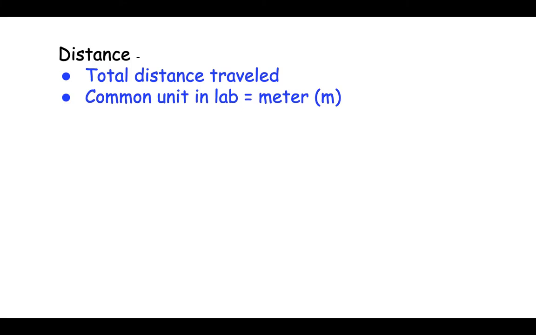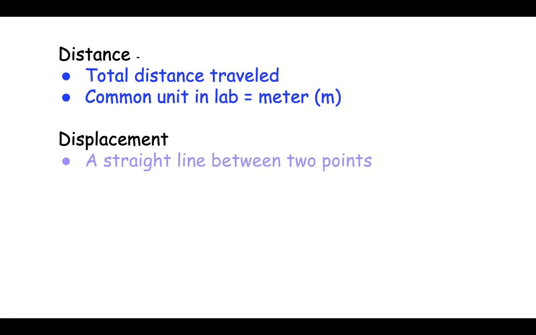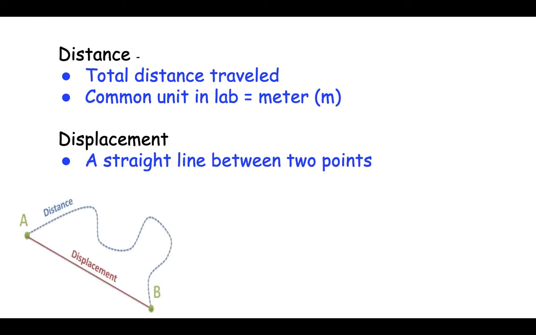Today we're going to learn about a little distinction between what we call distance, which is the total distance that something is going to travel, and we'll be using the meter for our unit of measurement, and displacement, which is really kind of a straight line between point A and point B. Here you see a little diagram.